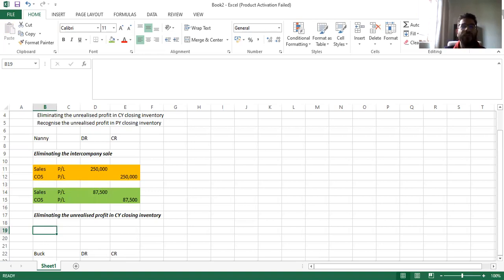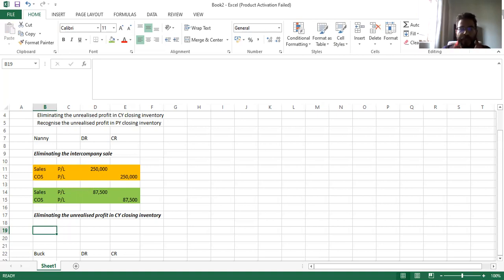Included in the 20,000 Rand intercompany transaction is an unrealized profit of 15%. Remember, Buck is selling to Nanny, and Buck is making a profit margin of 15% on cost. Therefore, included in the 20,000 Rand is an unrealized profit of 15%.